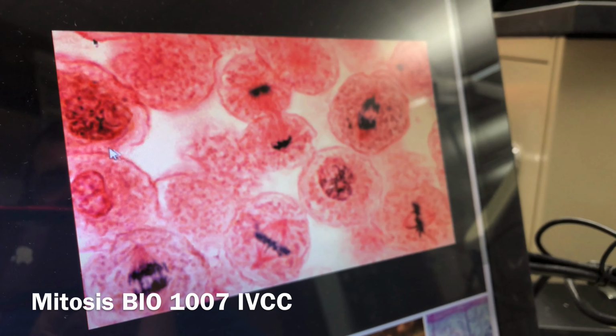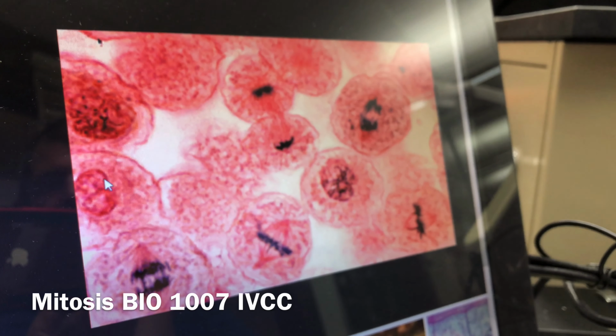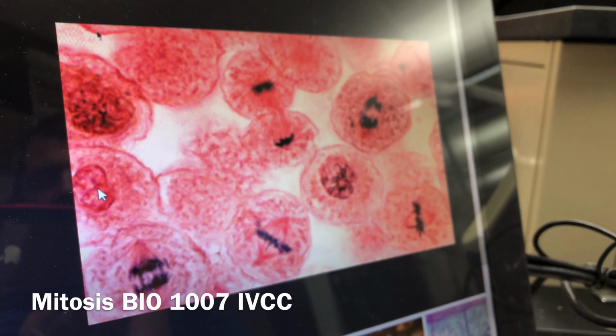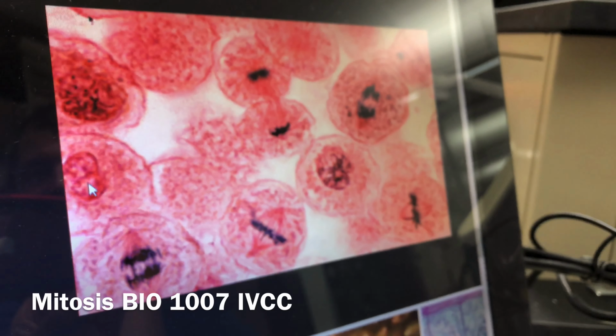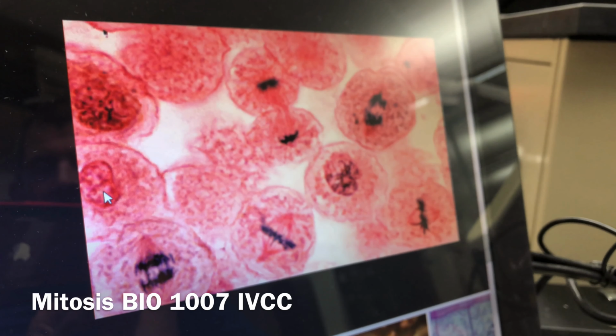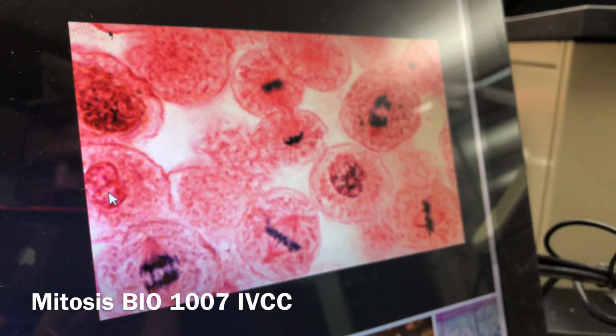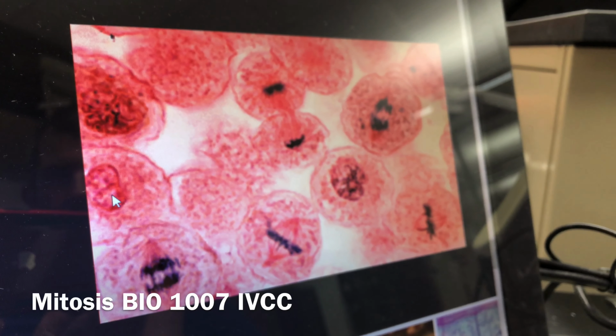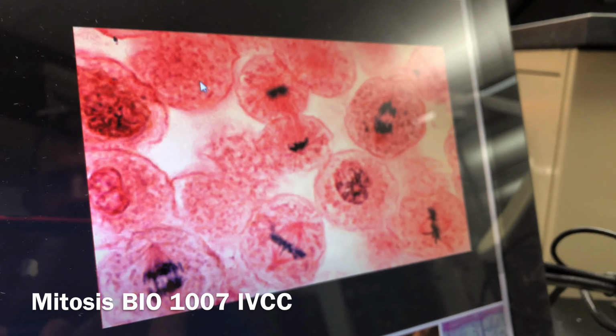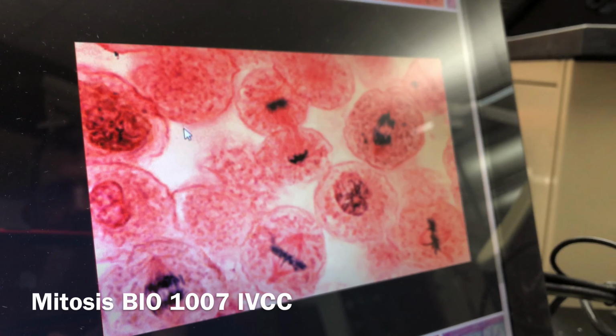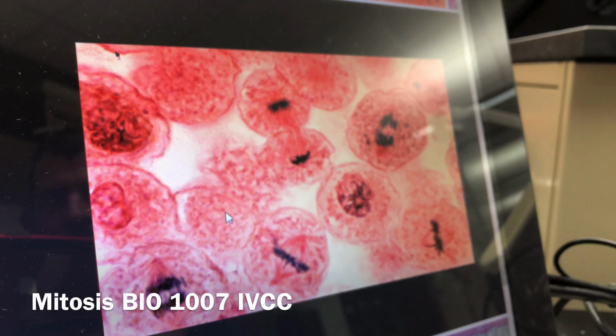During interphase, we see the nucleus, but we don't see the chromosomes, because the DNA is still packaged as chromatin. So that would be an interphase cell. It's pretty boring when you look at it. Here's another interphase cell up here. Here's an interphase cell right here.